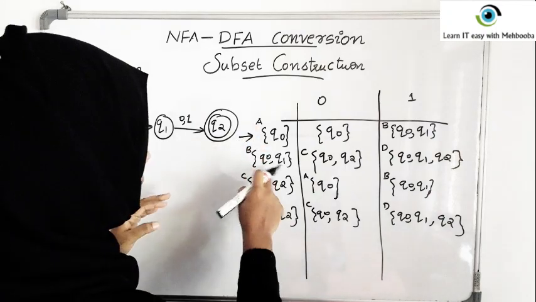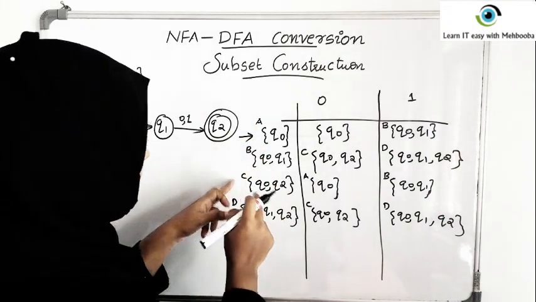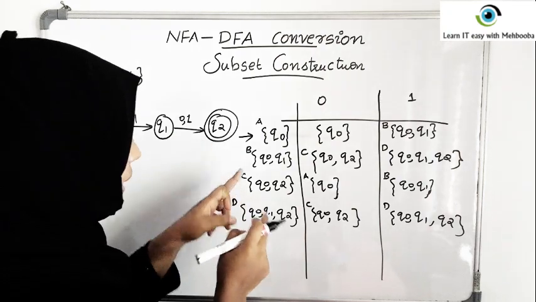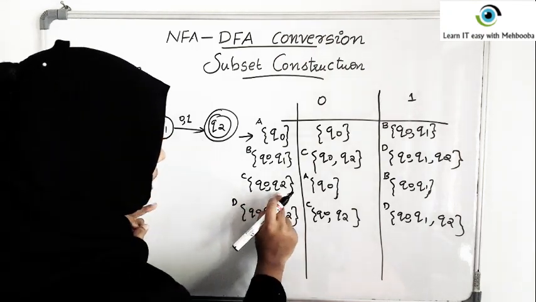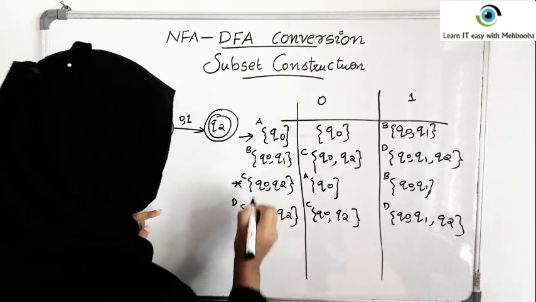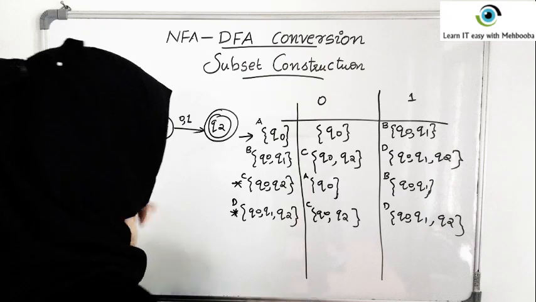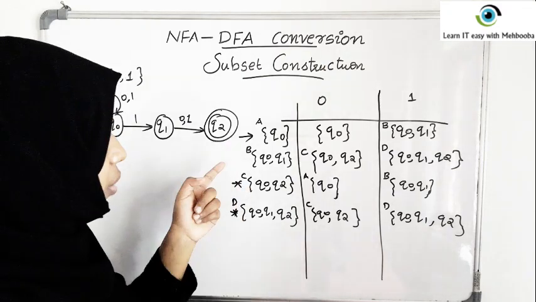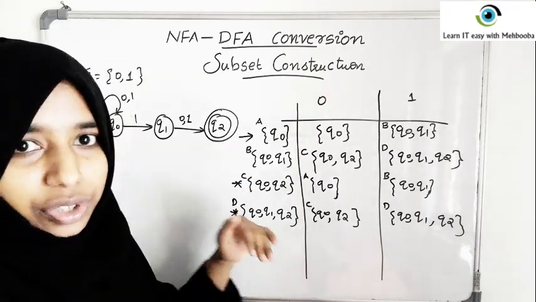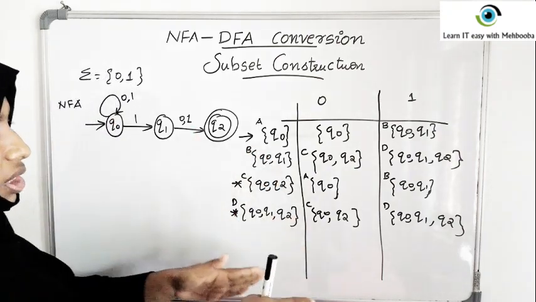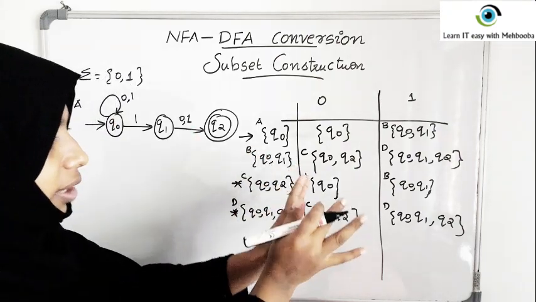Now, the states containing the final state of NFA are the final states of DFA. So, C contains Q2, so C is the final state. Now, D contains Q2, so D also is the final state. For start state, we will use an arrow to indicate it, and for final state, we will use stars to indicate it. So, this is the final DFA, the transition diagram for our DFA.